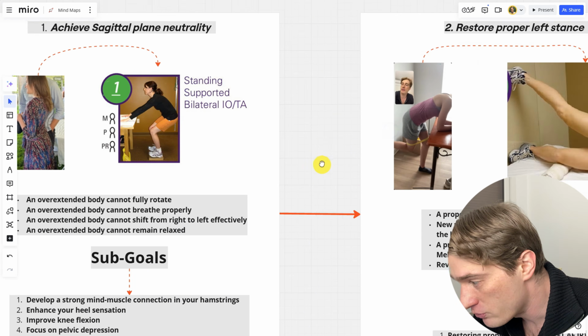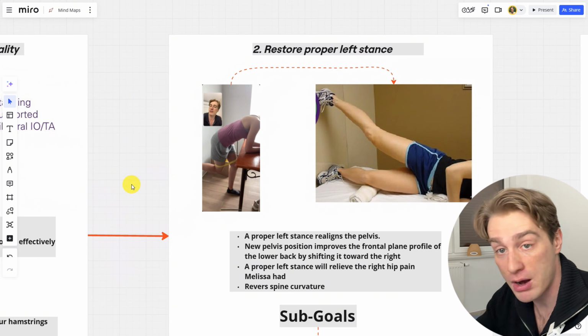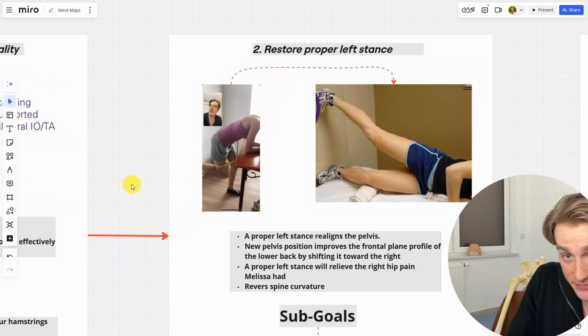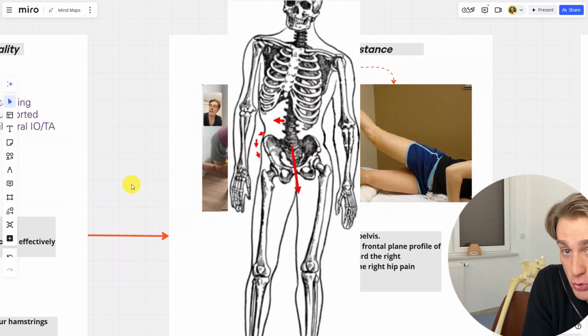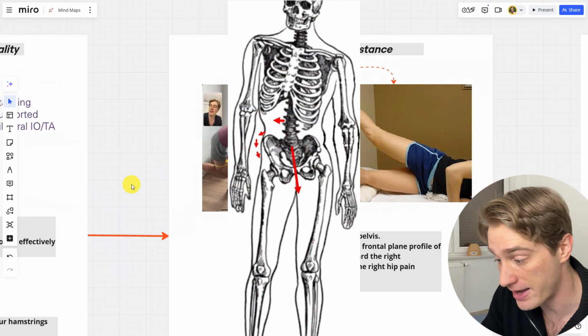Once you've done that, we are shifting towards restoring the proper left stance. As I previously mentioned, doing the proper left stance, the lower back should arch towards the right, naturally 10 degrees or something like that.